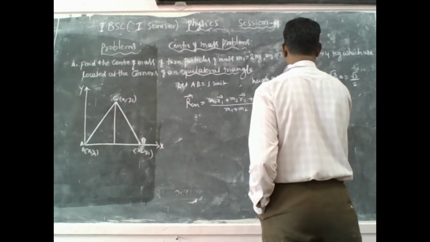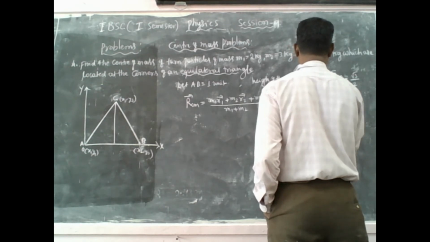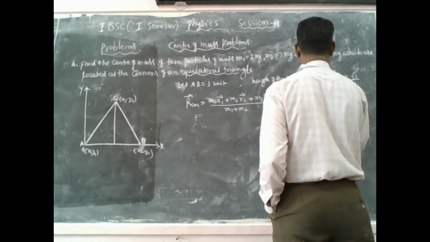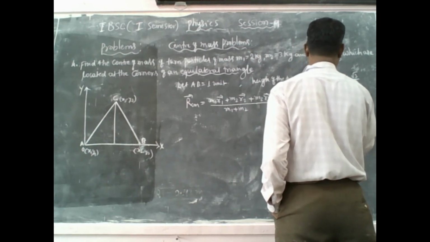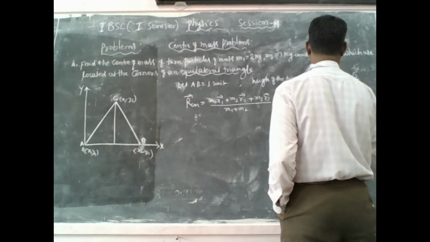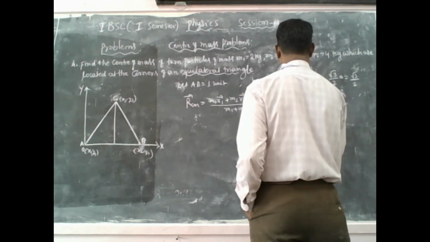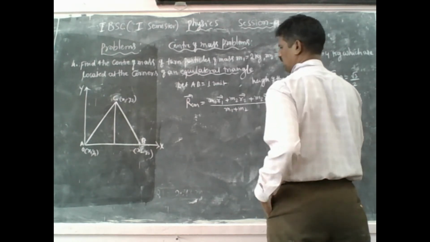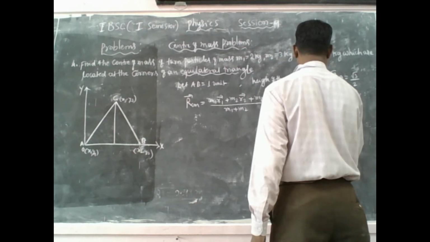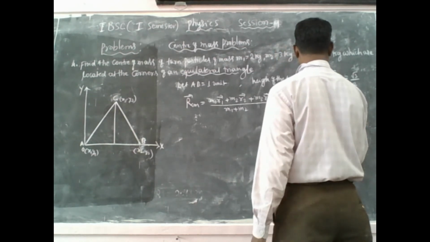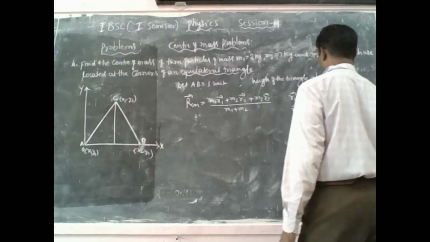R1 equals x1 i plus y1 j plus z1 k. What is x1 here? x1 is 0, isn't it? 0i plus y1 is also 0 plus z1 is also 0. Therefore, R1 equals 0.